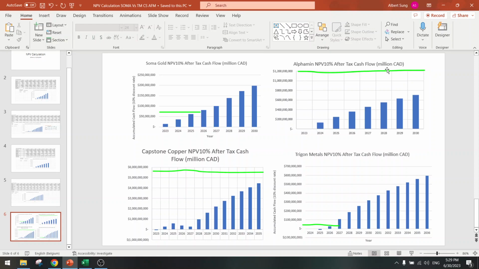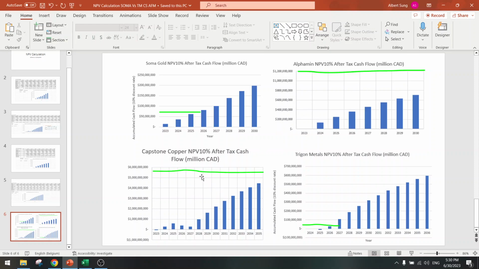Alphamin much too high. I don't think there's a lot of upside here, unless the tin price goes up, of course. But let's not try to gamble on the tin price. Let's assume tin stays at current levels, and then we see cash flow coming in, but it will take time until it reaches our target. And after that target is reached, then we can go higher. So I don't expect a lot to happen at Alphamin.